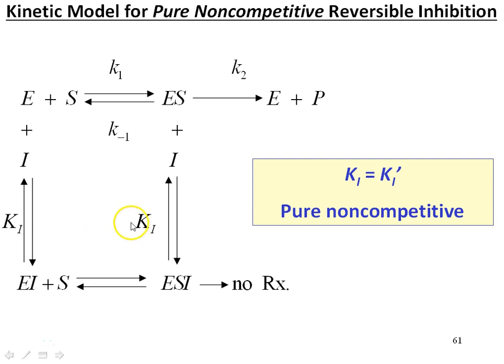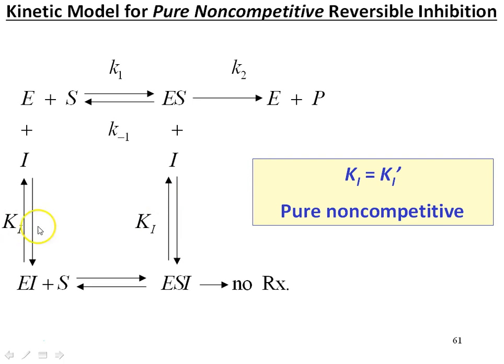So there is no need for a prime anymore, because the dissociation of the inhibitor from its complex with the enzyme alone, or its complex with the enzyme when the substrate is already there, are equal.